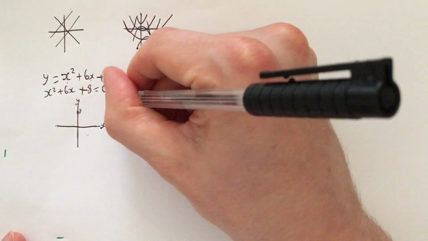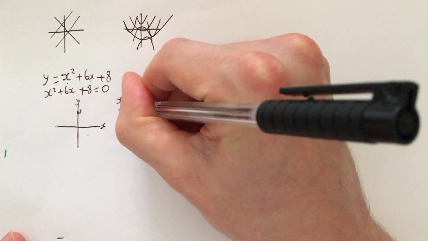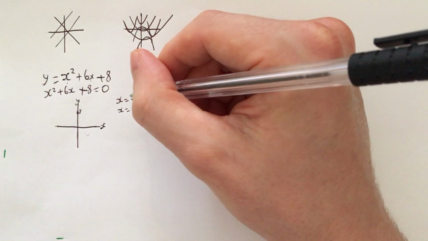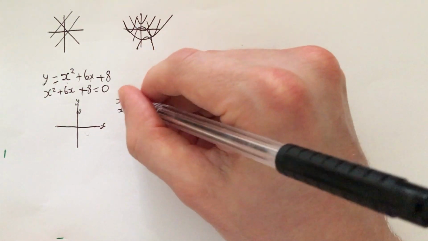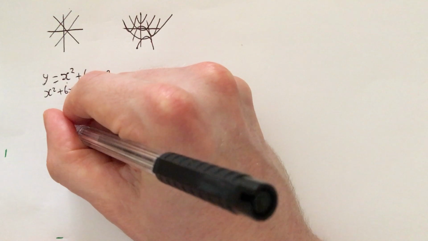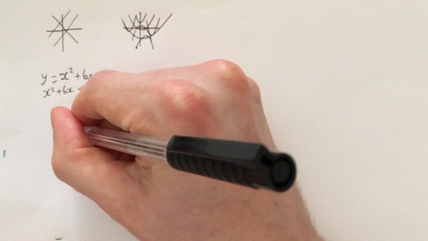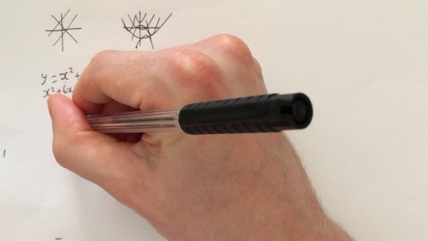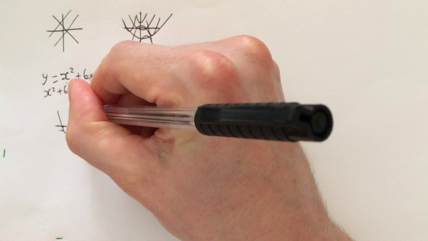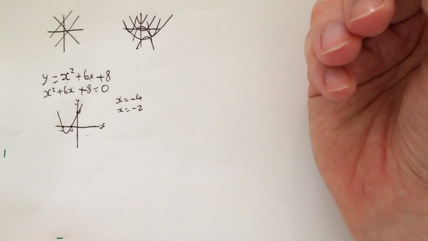So the answers for this are x equals negative 4 and x equals negative 2. Again, I'll talk about how I got there later on in the video. x equals negative 4, I'm going to place around here. x equals negative 2, place around here. So my quadratic graph will look a little bit like that. Okay? So that's the example of a quadratic graph.